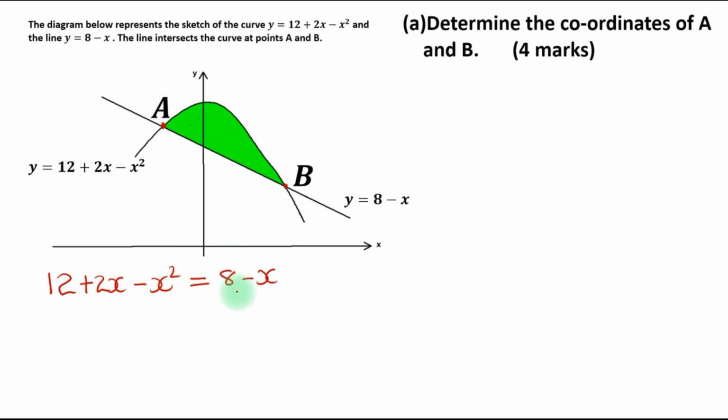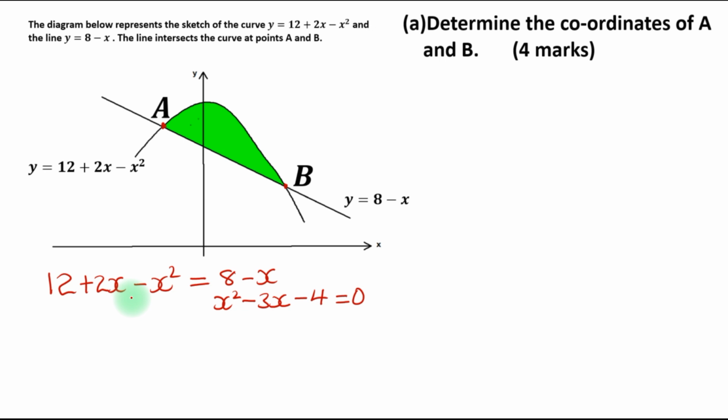In this case, let us take minus x squared to the right hand side. That will be x squared. Then 2x, we take it to the right hand side, will be minus 3x, and therefore we have 12. That will be 8 minus 12, that will be minus 4.